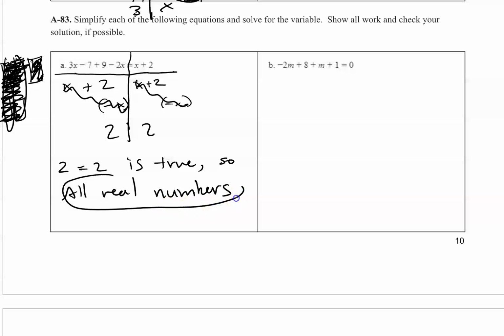All real numbers are solutions. If it's true, it's all real numbers. If it's false, it's no solution. So that's going to be 83, and you can't really check that one. You could plug in a bunch of numbers, but I'm not going to do that.